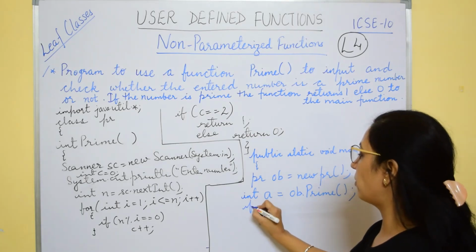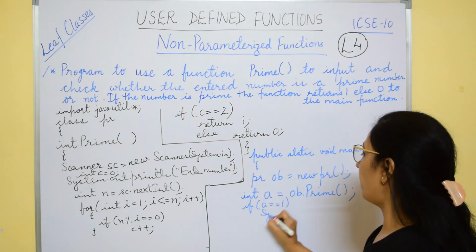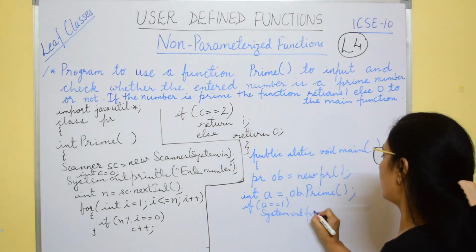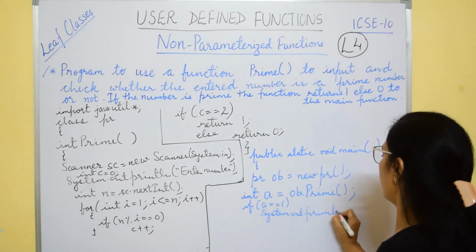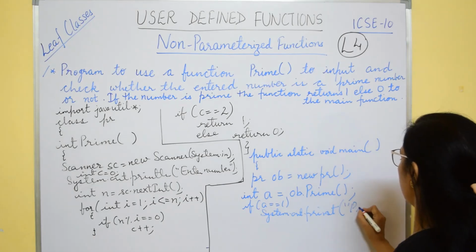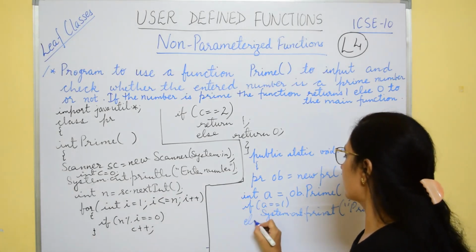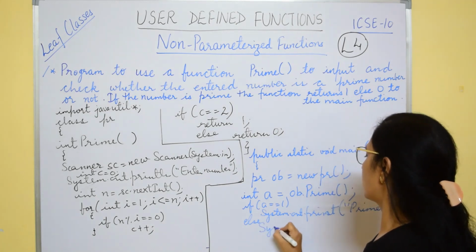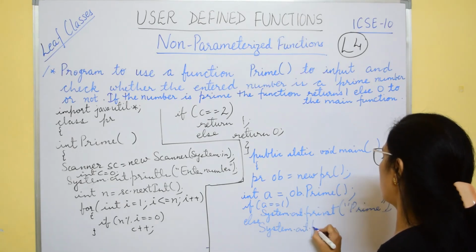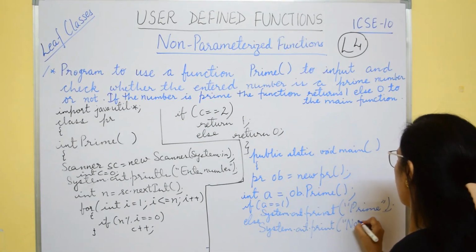Now here we have to print. If a is equals to 1, you will print system dot out dot print prime, else system dot out dot print not prime.